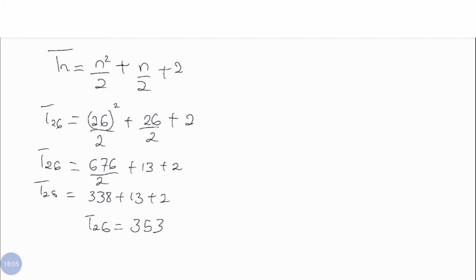So now we know that T26 is equal to 353. And that is how we do quadratic patterns.